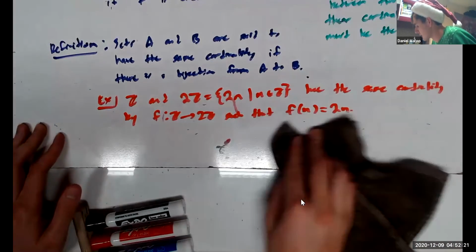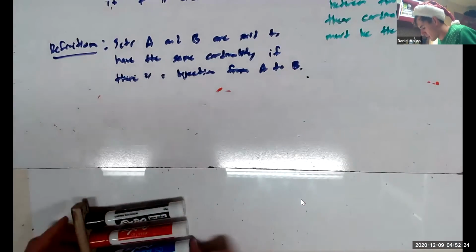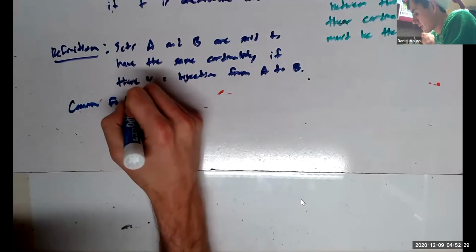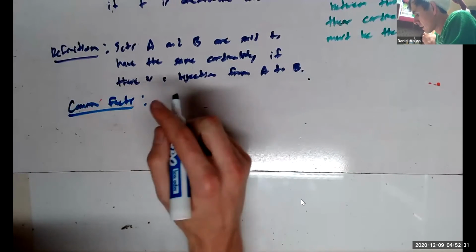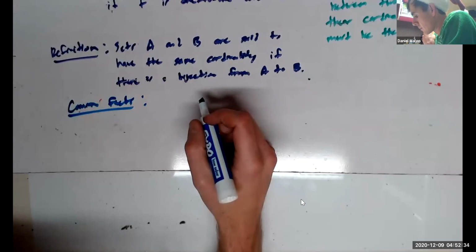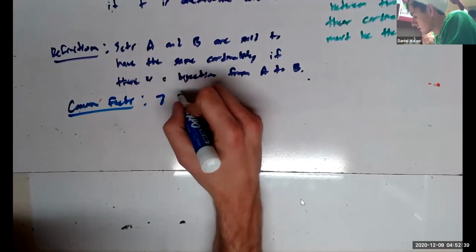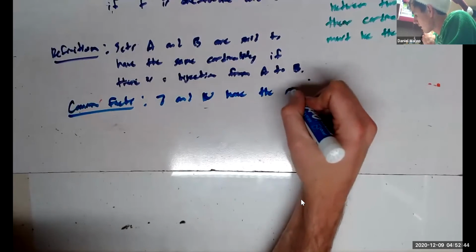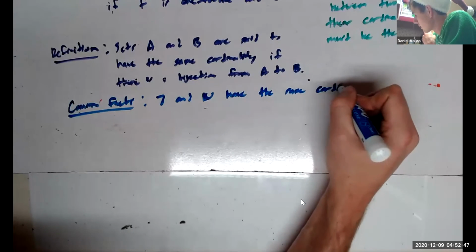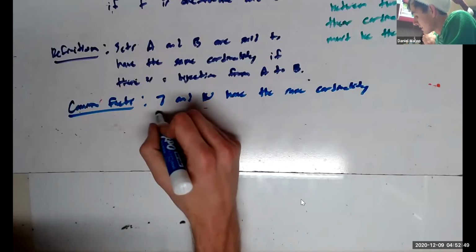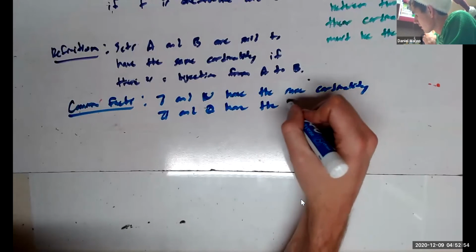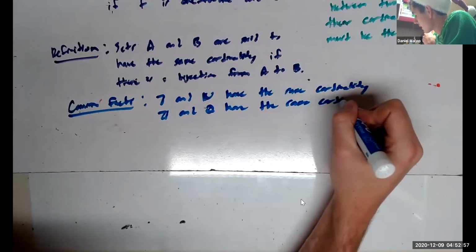And we do this for a lot of things. So I'll say common facts. Z and N have the same cardinality. Z and Q have the same cardinality.